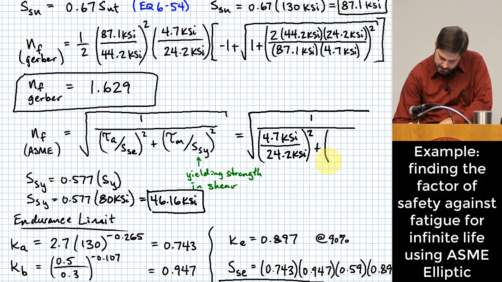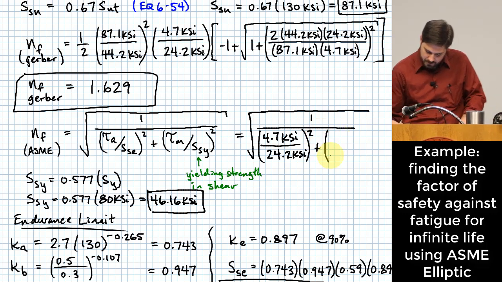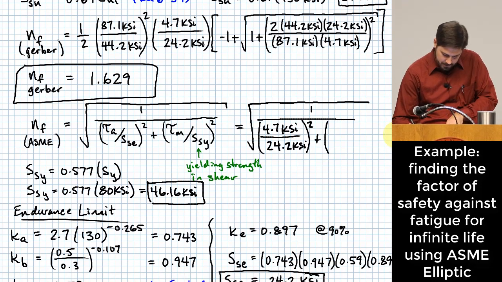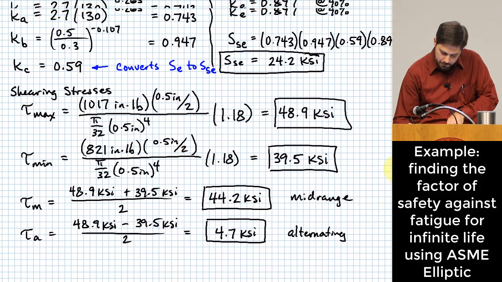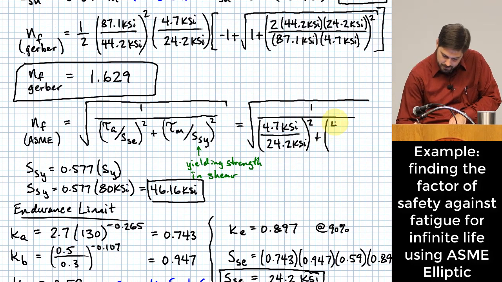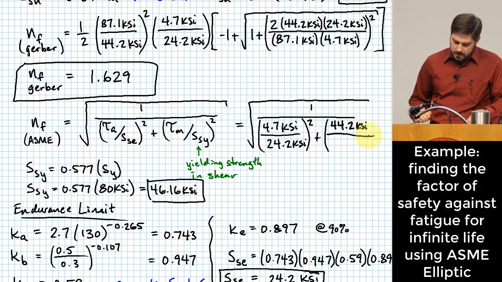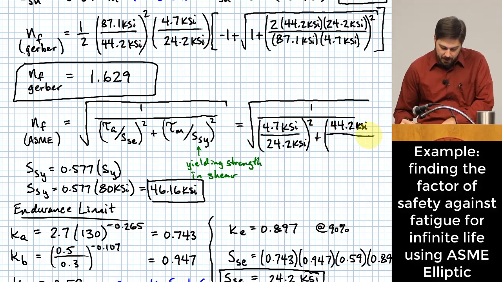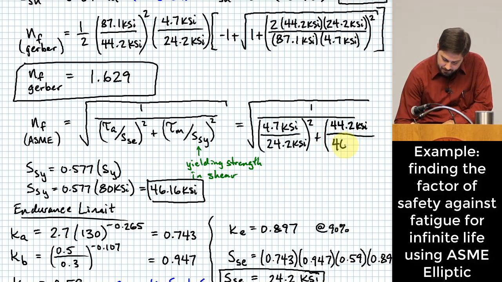I add to this tau sub M. Tau sub M was way down here, 44.2 KSI, over S sub SY, which we just found, 46.16 KSI.